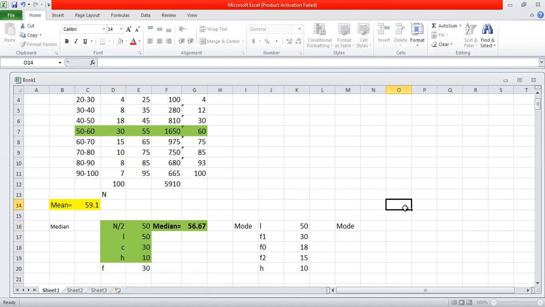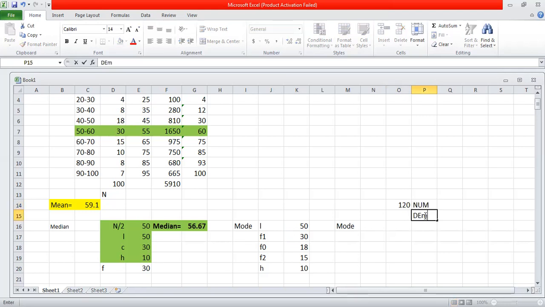First, I'll find out the denominator and numerator values separately so that it will be easy for me also. So we have L plus F1 minus F0, right? So first I'll calculate F1 minus F0 into H value. So this is my numerator value.